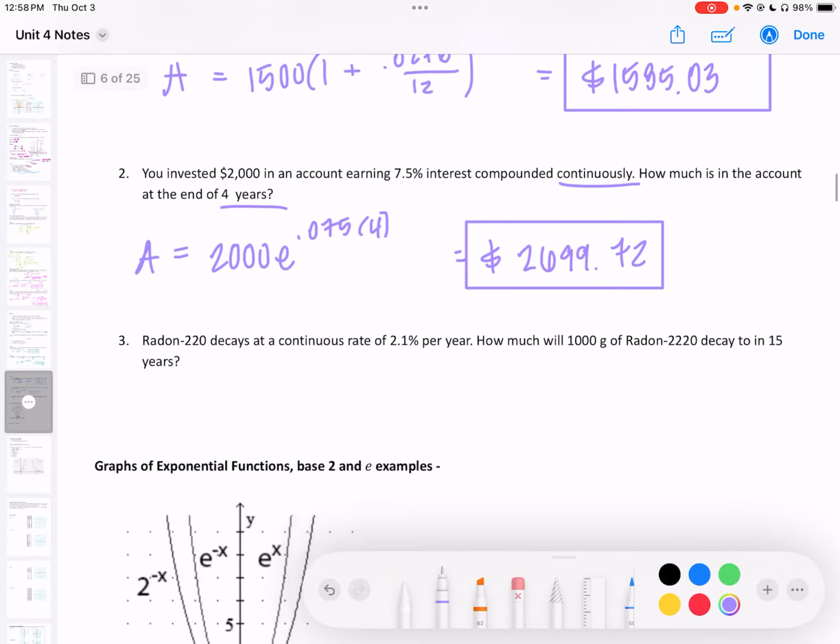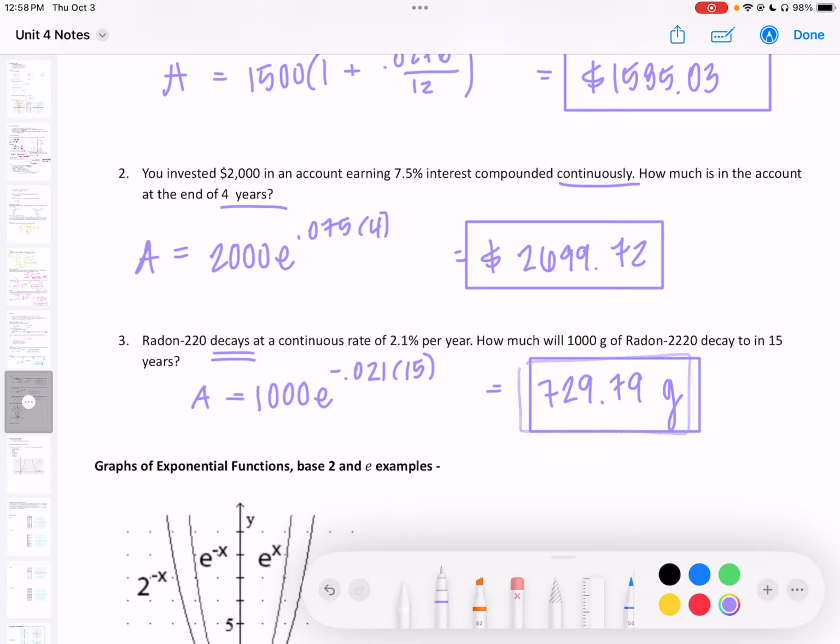Then we have radon decaying at a rate of 2.1% per year. How much will we have in 15 years? So we'll say 1,000 e to the negative 0.021 times 15 is equal to the amount remaining, which will be 729.79 grams after 15 years.